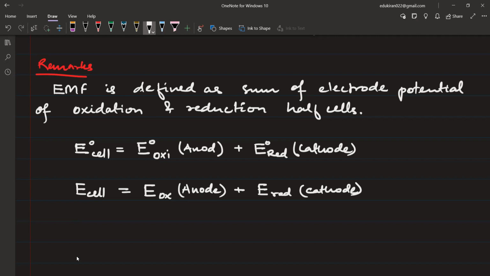Okay, now I will tell you where that term comes from. E naught cell is equal to E naught cathode minus E naught anode that you have learned.